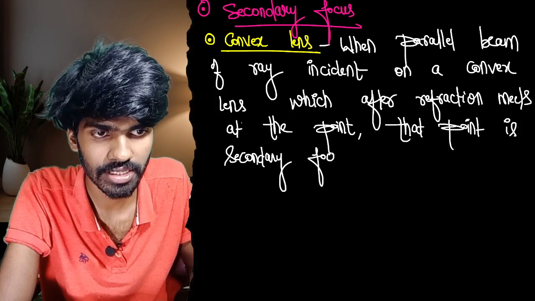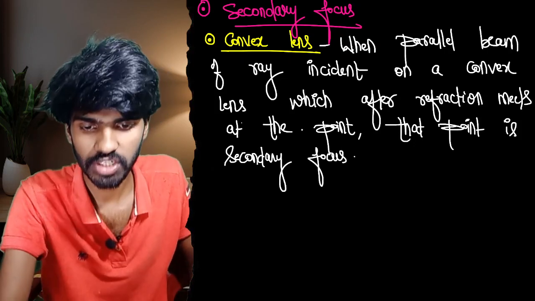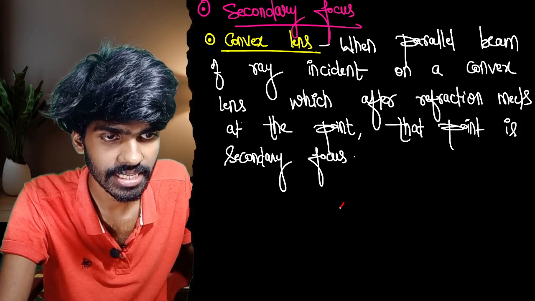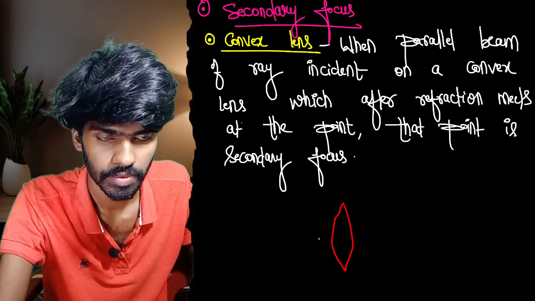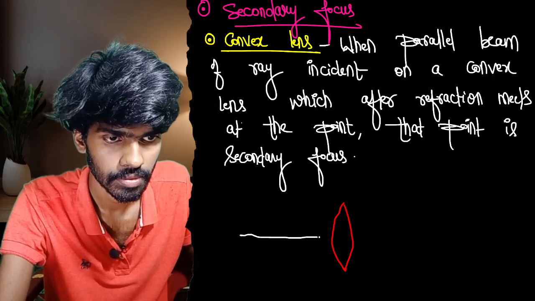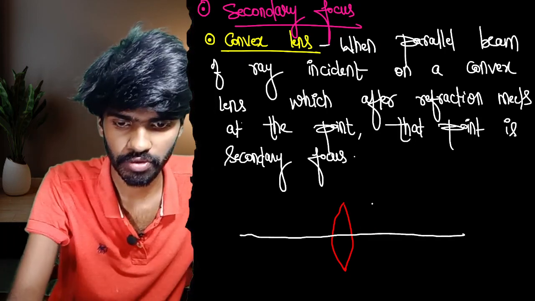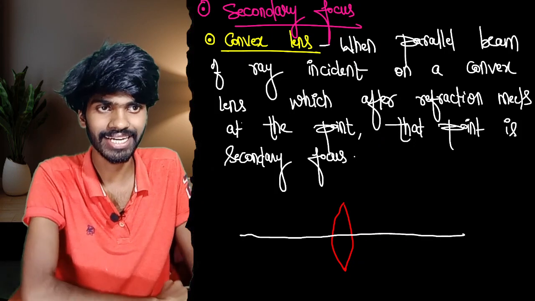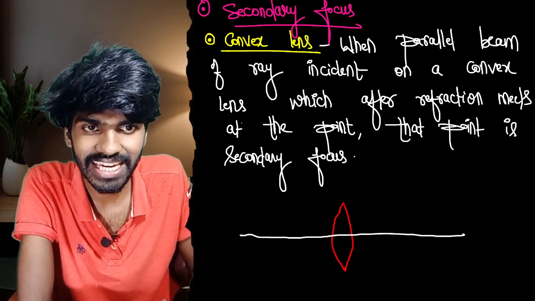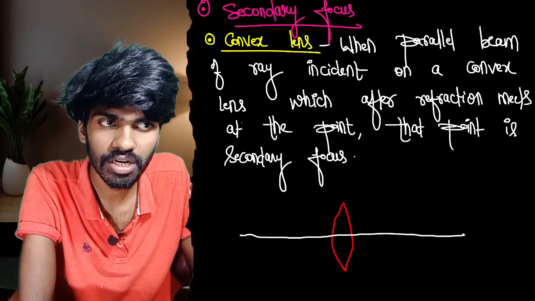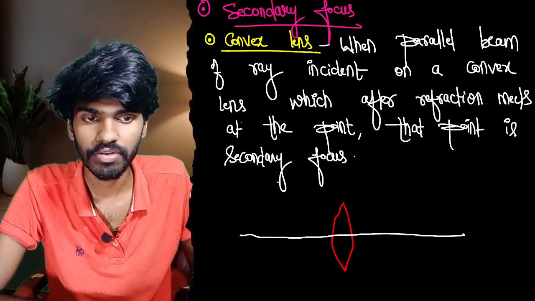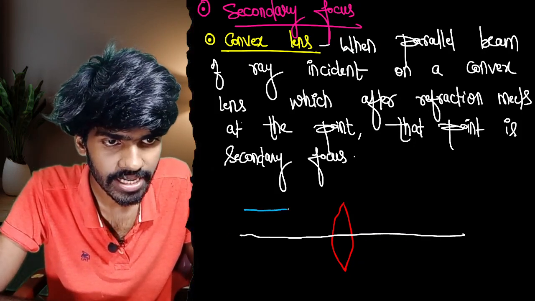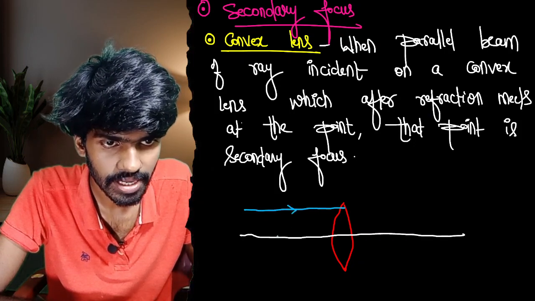Secondary focus means, let us first draw a convex lens. Okay, so what we have right over here, let's read again. When a parallel beam of rays is incident on a convex lens, first draw the parallel beam like this.